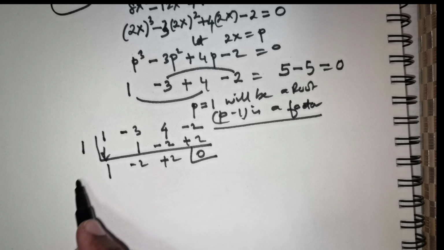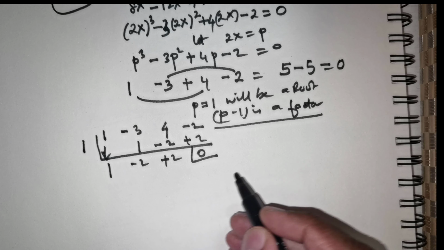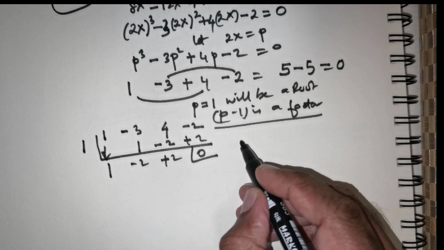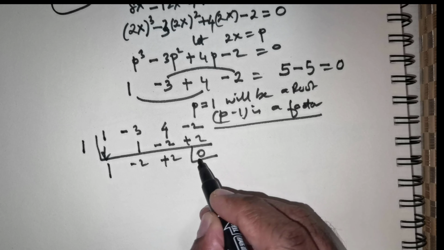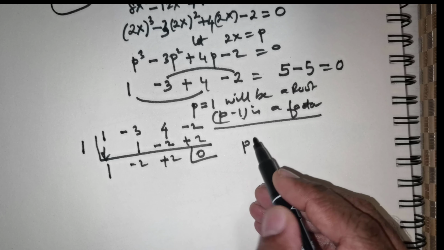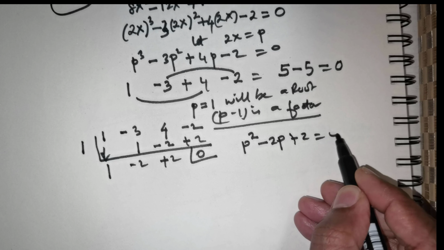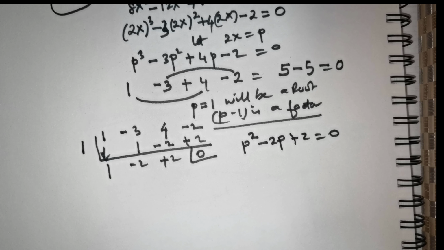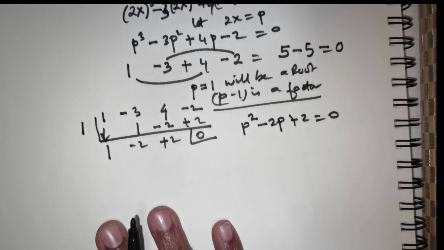So now what do you have here? This is going to be the reduced polynomial. We started with p cubed, so there's going to be p squared minus 2p plus 2 is equal to 0, right? So if I were to solve this by quadratic formula, let me do that.